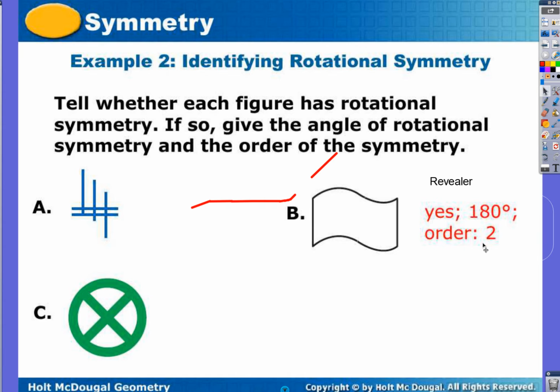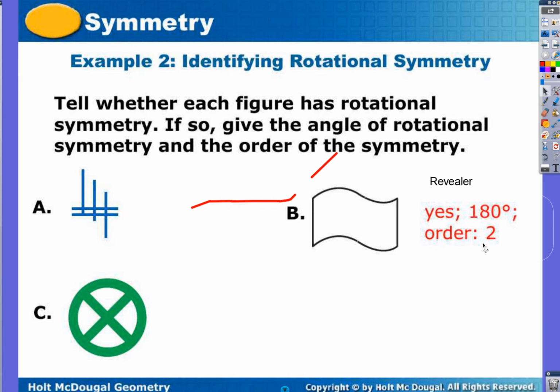So is it always by 90? What do you mean, do you always rotate by 90? No, technically no. It's a good question, and the answer is no. There could be 30 degrees of angle of rotational symmetry. It could be 60. It could be 45.